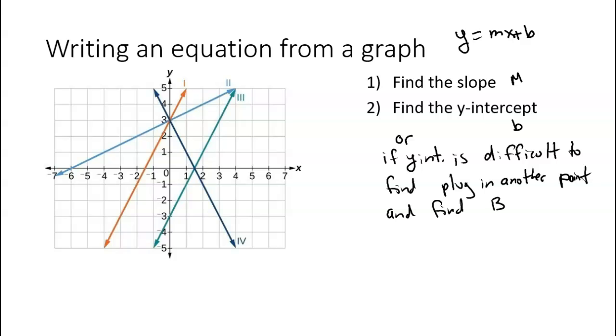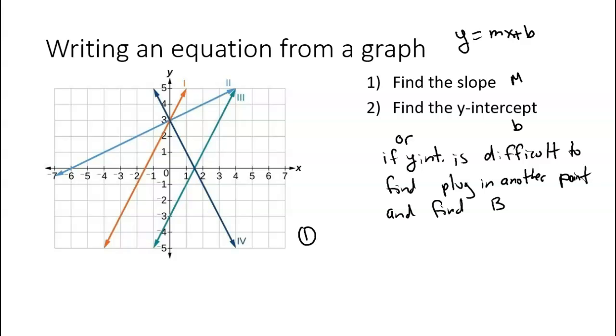Okay, so again, notice how my graph is labeled 1, 2, 3, and 4. So when I write my equations, I'll make sure that I label it 1, 2, 3, and 4. Okay, so let's start with graph number 1.